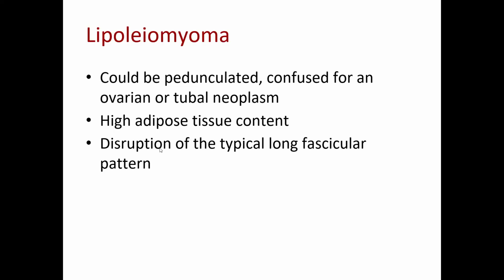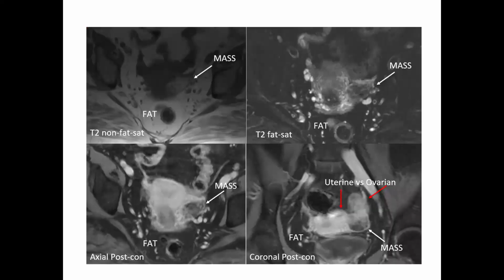And because of the fat, the fascicular pattern gets disrupted, and that creates a problem for you. Well, again, the good news is that the imaging will tell you, look, this is outside the uterus. Here's the uterus, and the mass is coming polypoid to the outside. In this case, they said, well, it looks like, is it ovarian, or I don't know.